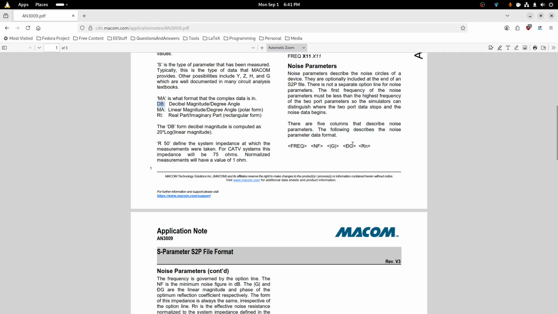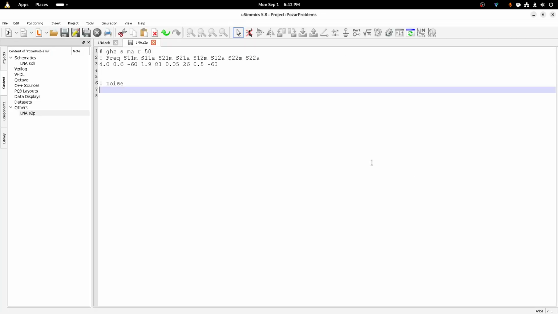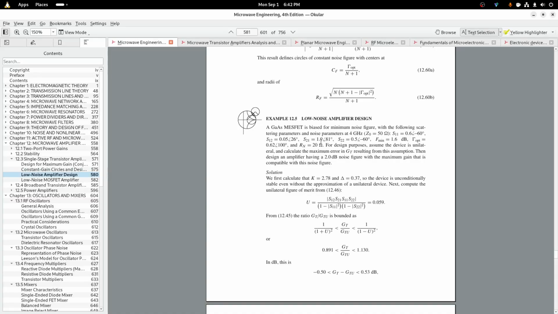But there's a caveat with Rn. We'll get there in a second. So the book tells us the F min is 1.6 dB. So first we do 4.0, 1.6, easy peasy.